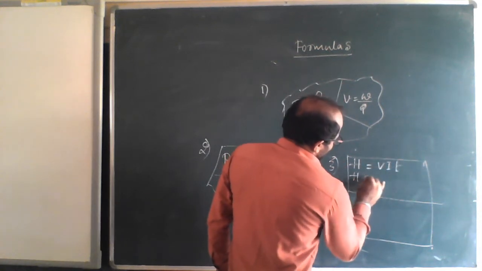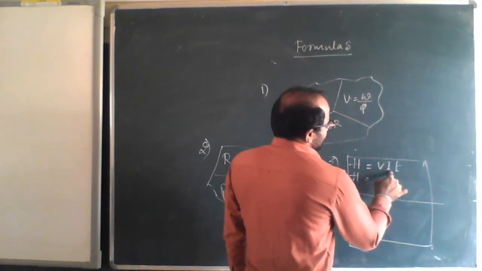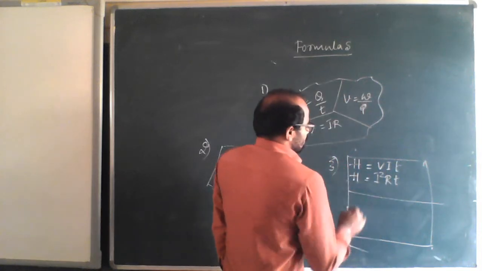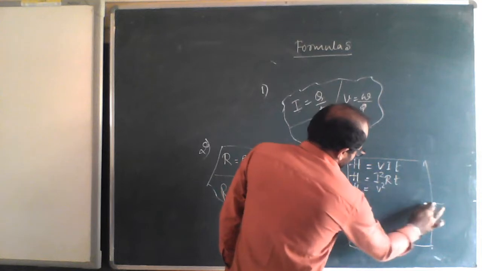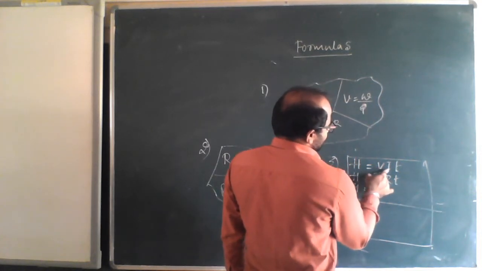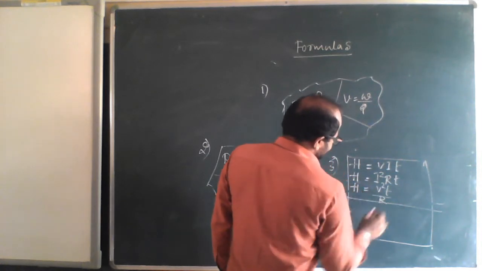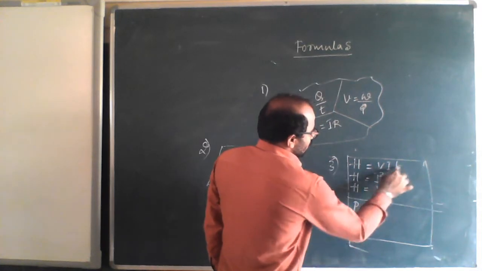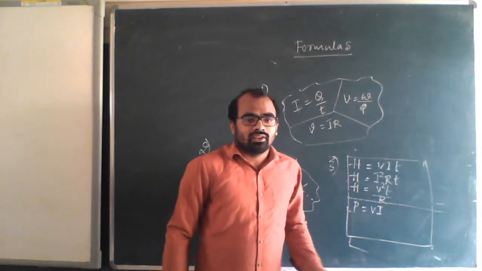In place of V, I put IR, so IR into I into T, that is I square RT. My third one, if I put V by R for I, is V square T by R. Now for power, T will go off in VIT. That means H by T.